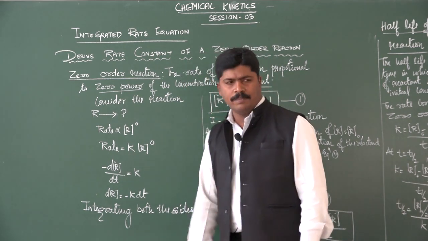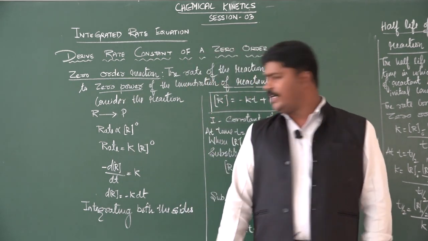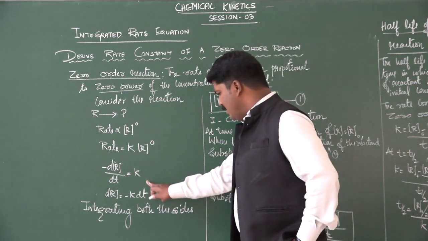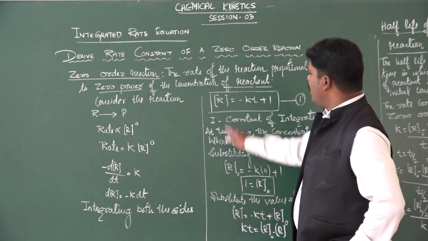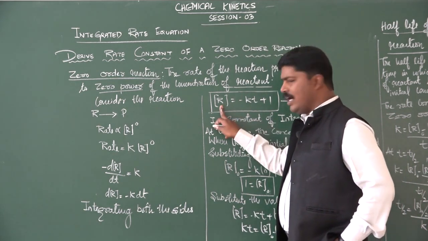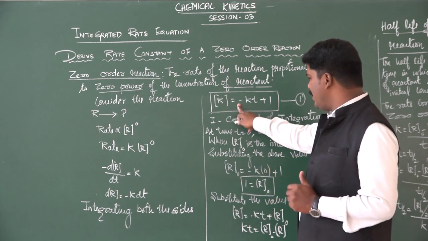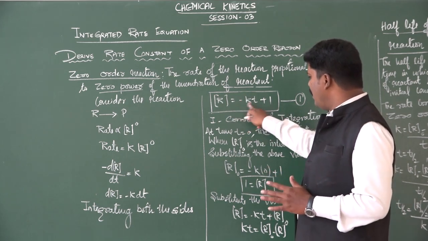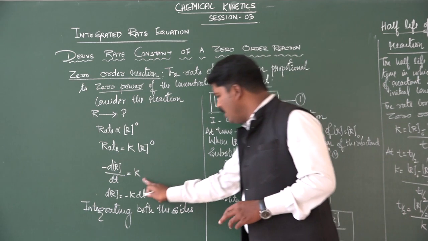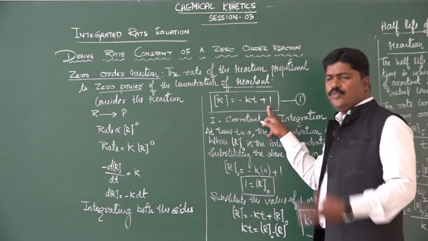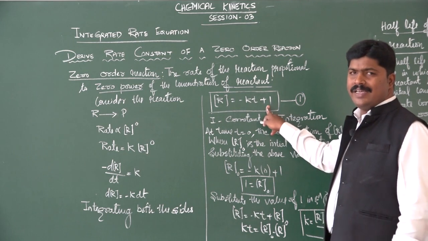Now we apply integration, integrating both the sides. When I integrate the above equation, the integration of dR is R. A constant cannot be integrated further, so that is minus K t. Integration of dt is t plus I. Now a new term I has been introduced.